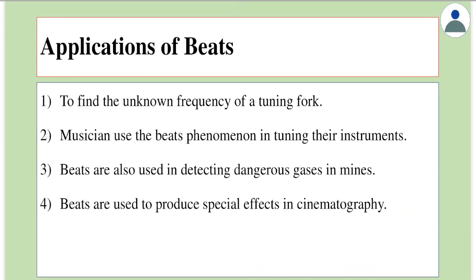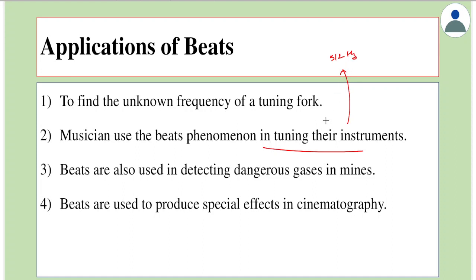Second use is that musicians use the beats phenomenon in tuning their instruments. Suppose a musician wants to tune his instrument to a particular frequency, say for example 512 Hertz.